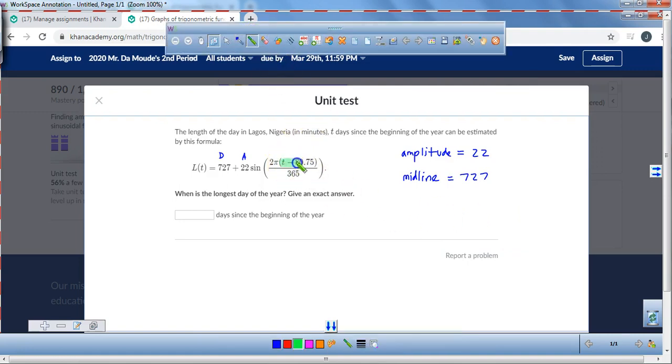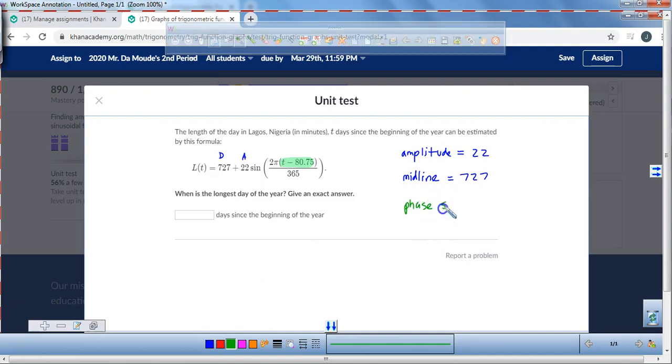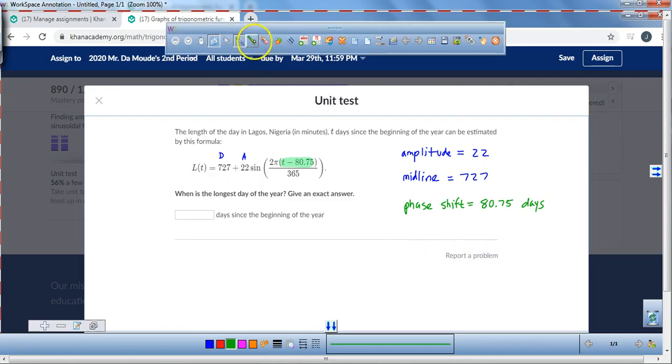Alright, now I'm going to highlight something right here. We have a little phase shift going on right here. Here's our phase shift. It looks like our phase shift is 80.75 days. So we'll put phase shift 80.75 days. Alright, and the easiest thing to recognize right down here is the period.